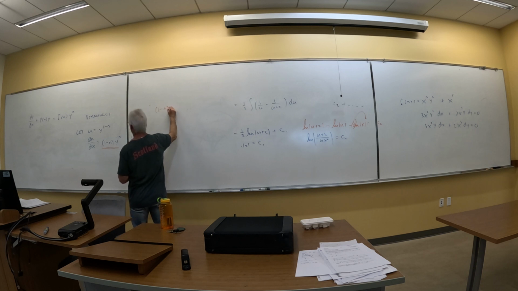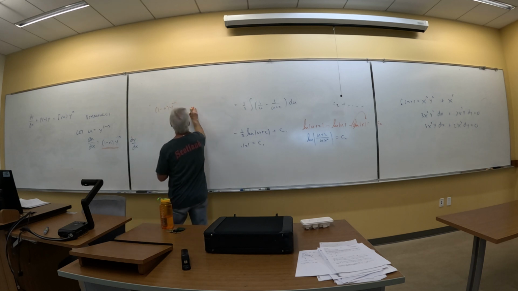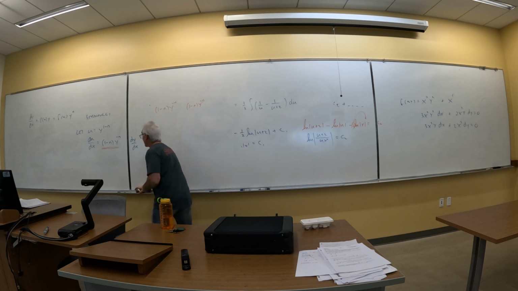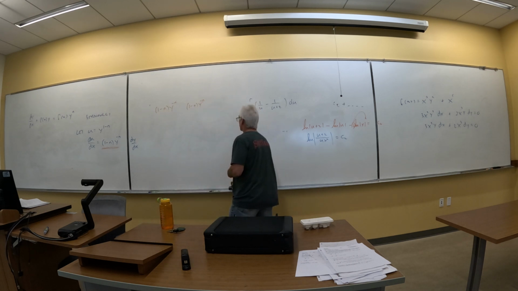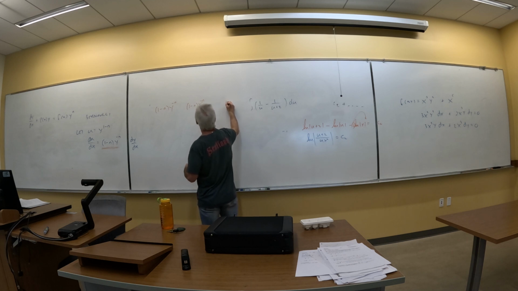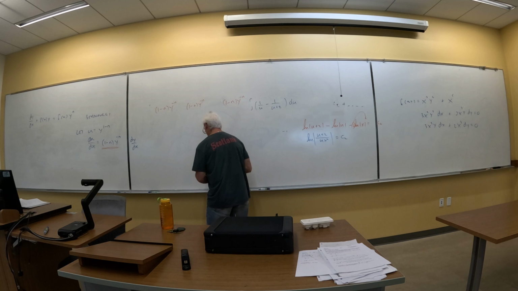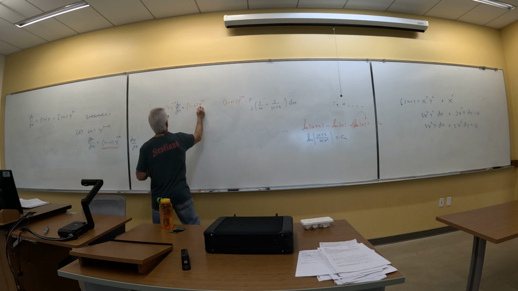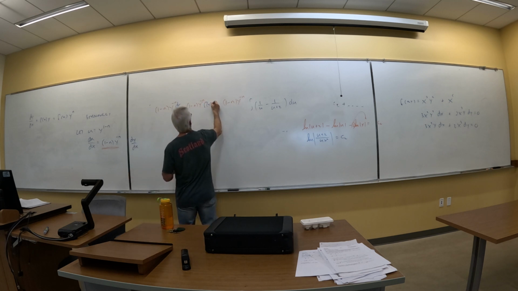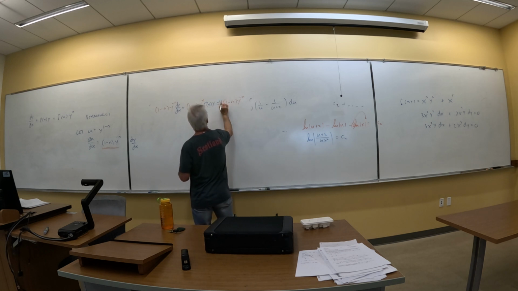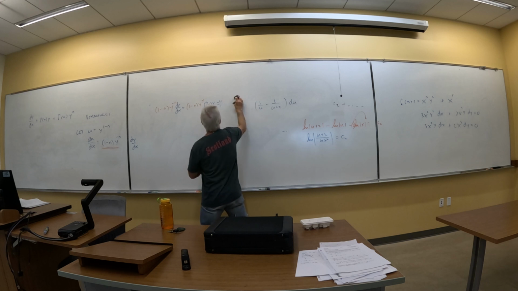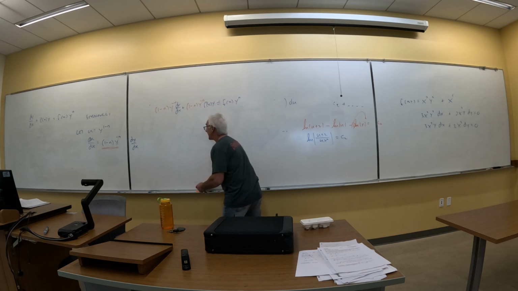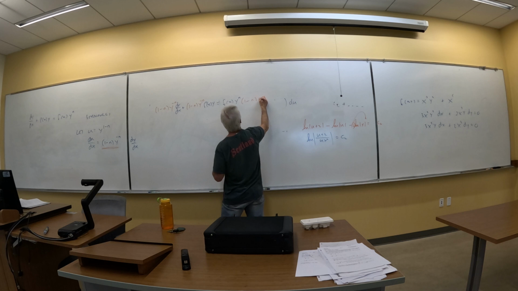We're going to do 1 minus n, y to the negative n, times dy dx plus p of x y equals f of x, y to the n. It's coming together.